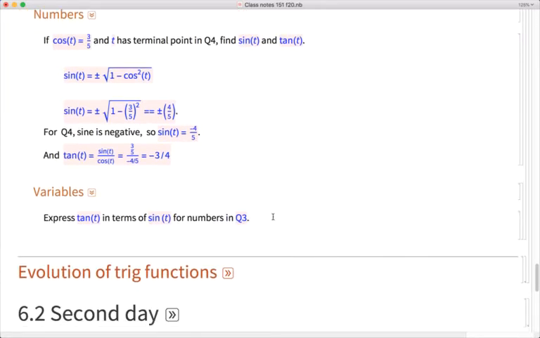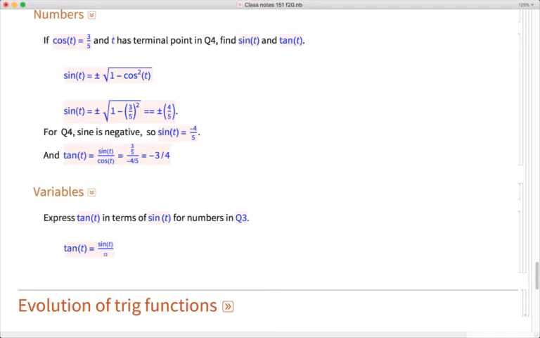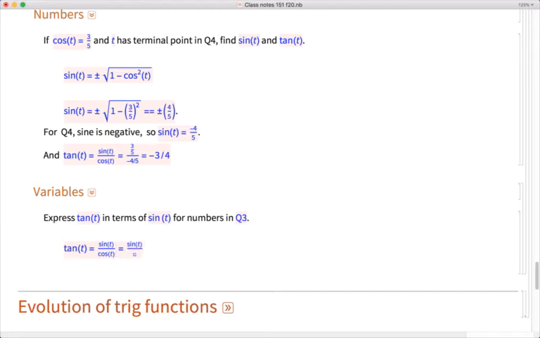Okay, so yeah, a numerical example, and then here's one where we're going to do a symbolic example. So again, expressing one thing in terms of another. To express tangent means we need tangent equal to some formula on the right-hand side that only has sine in it.